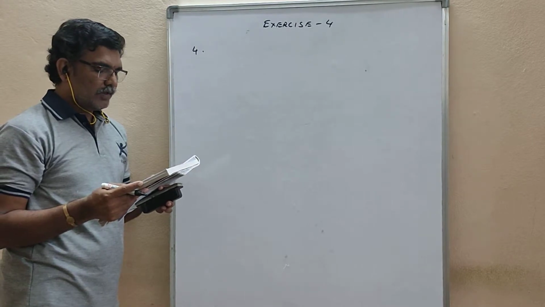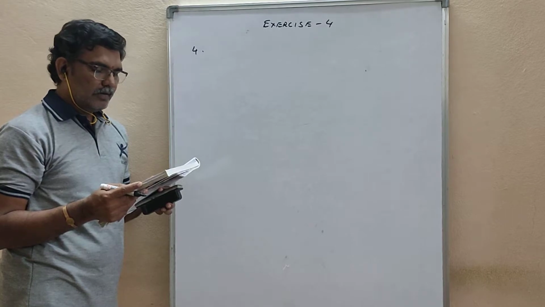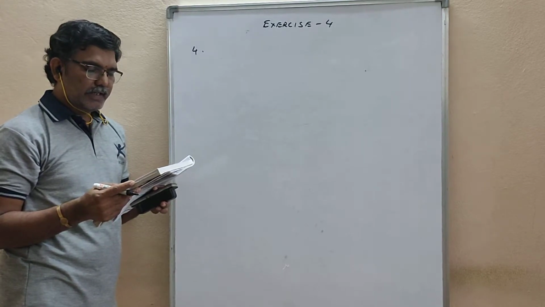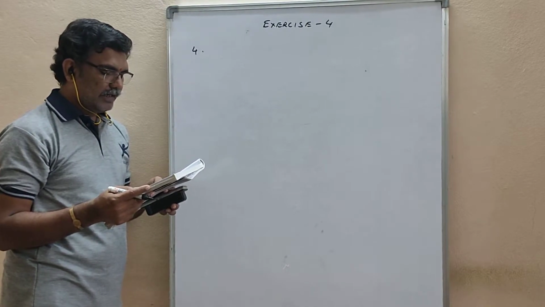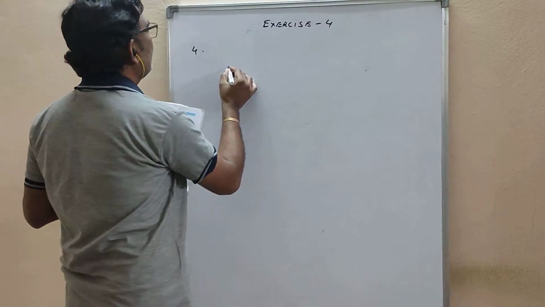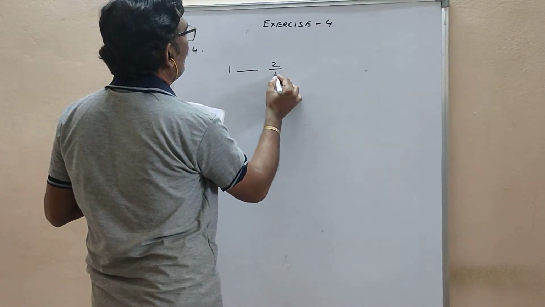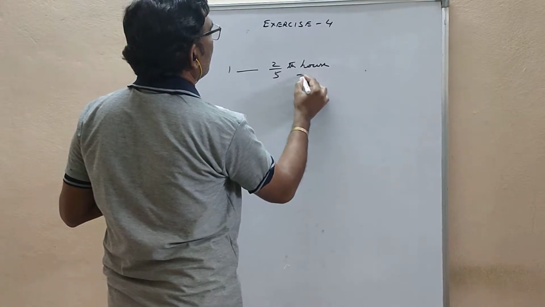Okay. Deepak can paint 2 by 5 of a house in one day. If he continues working at this rate, how many days will he take to paint the whole house? In one day, 2/5 of the house he can paint.